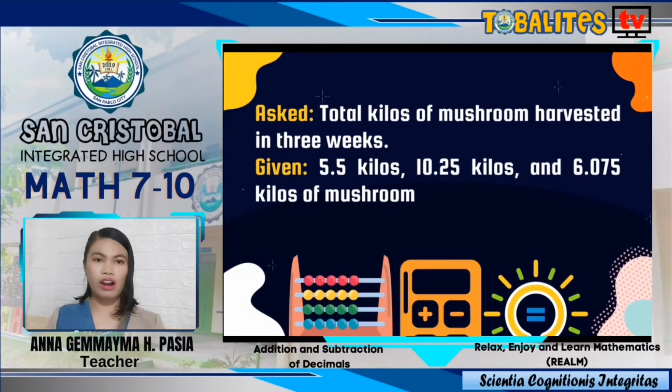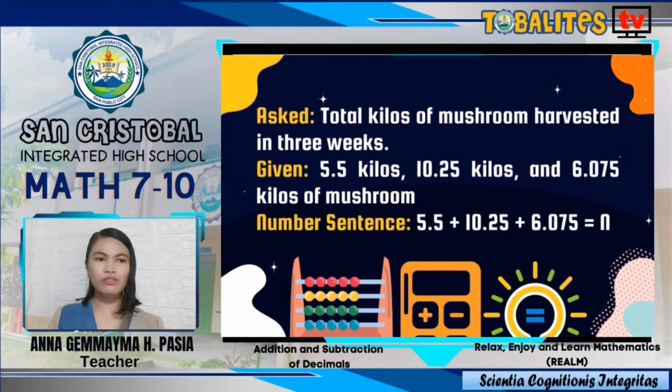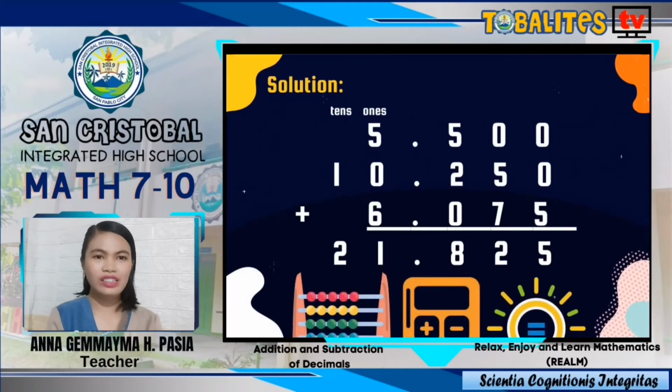The given are 5.5 kilos, 10.25 kilos, and 6.075 kilos of mushroom. Number sentence: 5.5 plus 10.25 plus 6.075 is equal to n. Now, let us solve the problem.